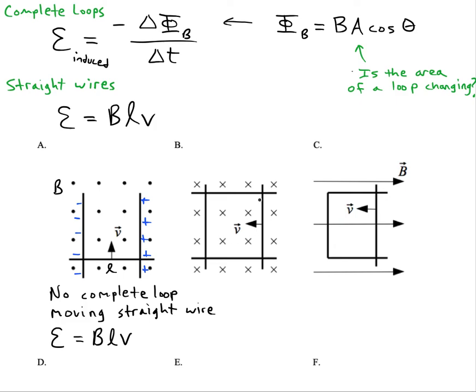In B, we see that there is a complete loop. And we can look at the area and how it's shrinking. So the area A of the loop is decreasing.